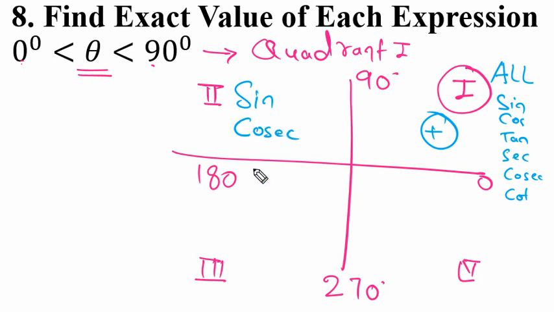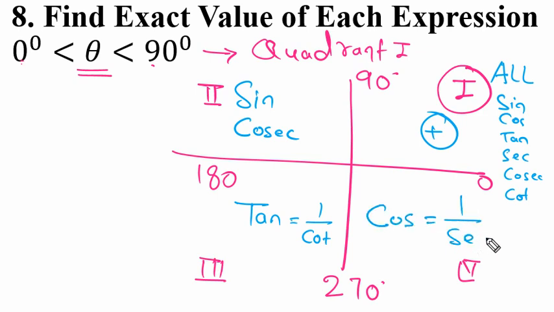So these two are positive. In the third quadrant, only tan, and the opposite of tan is cotangent, right? So only tan and cot are positive. In the fourth quadrant, you have cos and the opposite of cos is secant. So these two are positive.